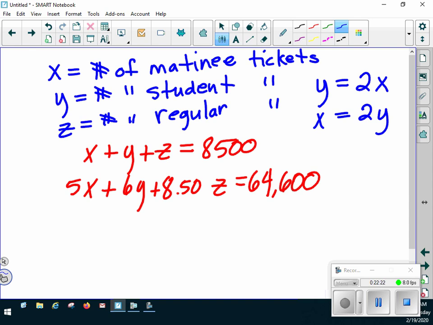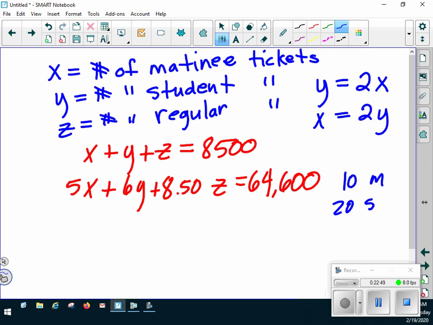Twice as many student tickets were sold as matinee tickets. I'm going to make sure that we all understand this, because I get this backwards sometimes. Which was sold more of, student or matinee? Student. So if they sold 10 matinee tickets, then they sold 20 student tickets. Is that right?